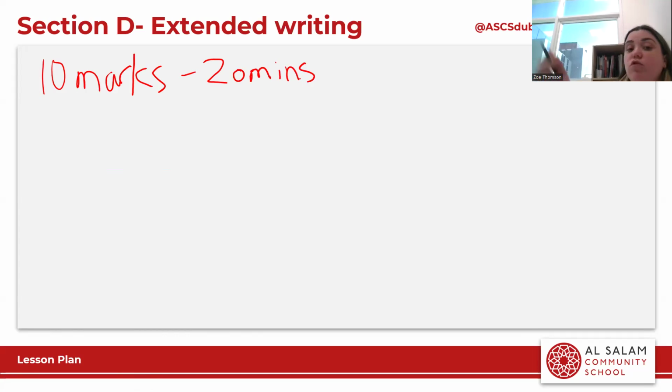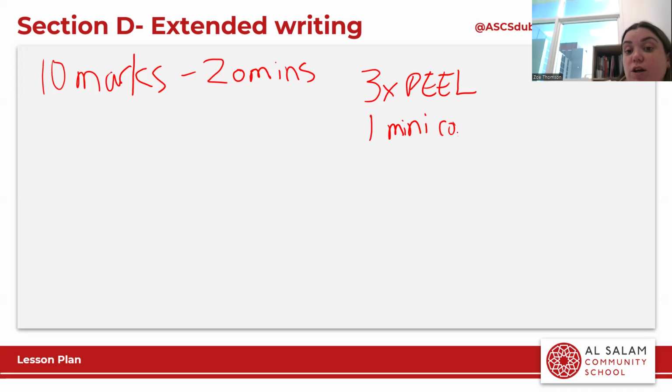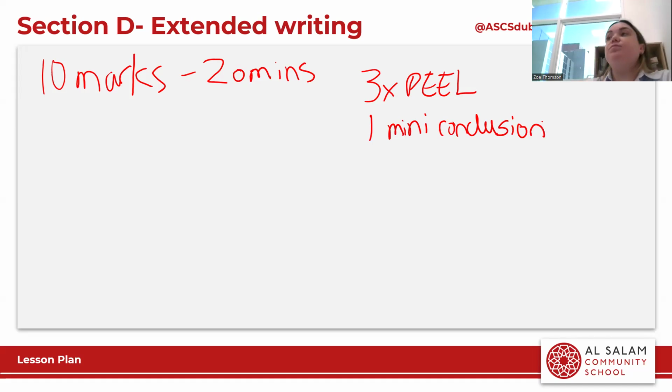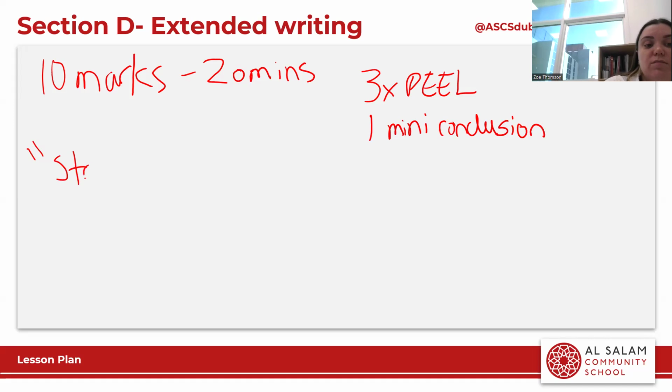Now, this question requires you to write 3 PEEL paragraphs and 1 mini conclusion, okay? And you're given 1 question. Now, this type of question, you will be given a statement. Any kind of statement, okay?